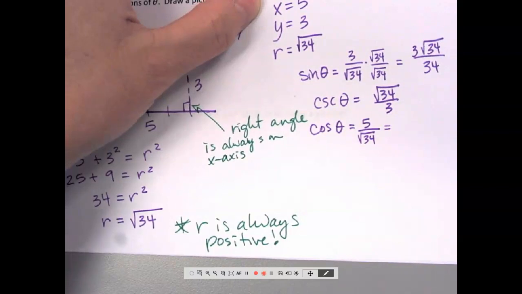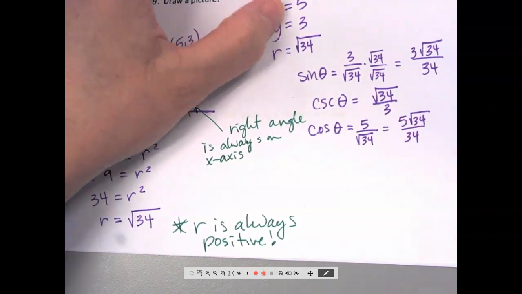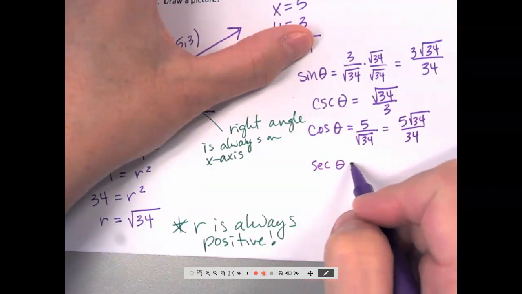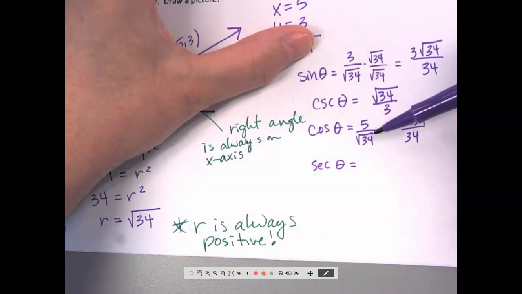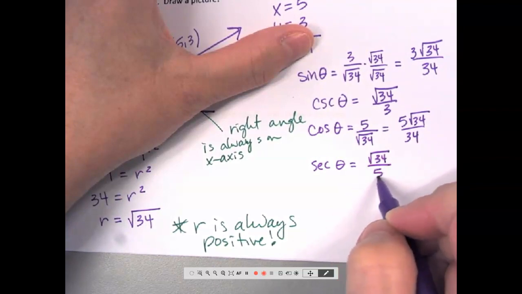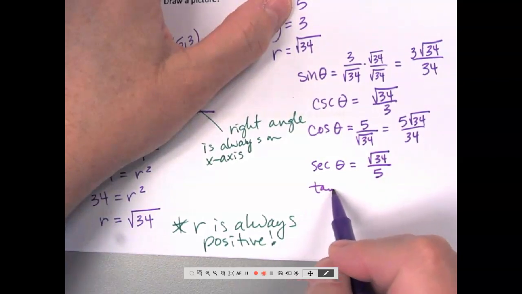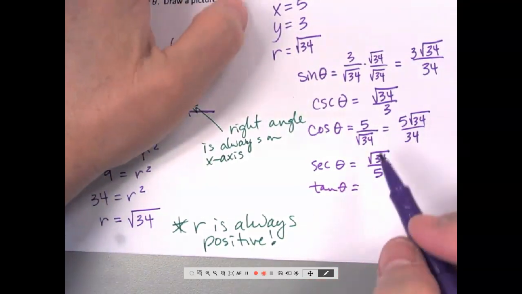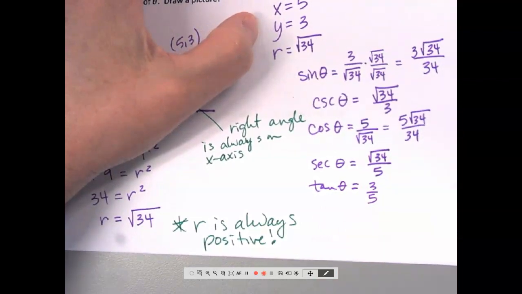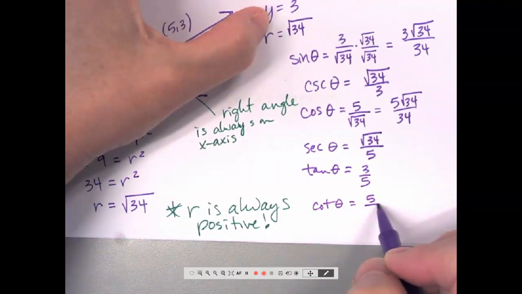If I rationalize that, what do I get? 5 square root 34 over 34. Secant is that reciprocal. So I'm going to go back here, take that reciprocal, r over x. And then tangent is y over x, 3 over 5. Cotangent is x over y.